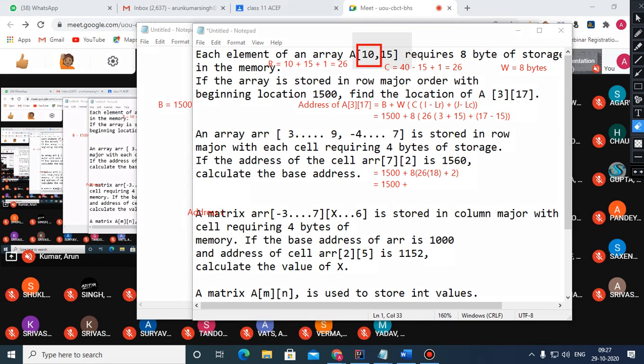Children, like this, Rajiv sir, it is given that a 10 comma 15.